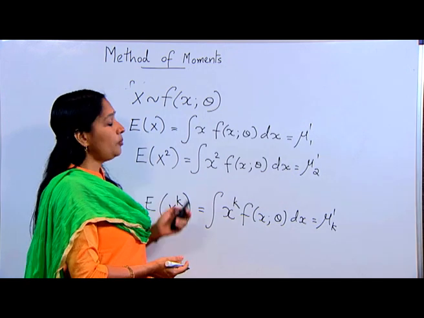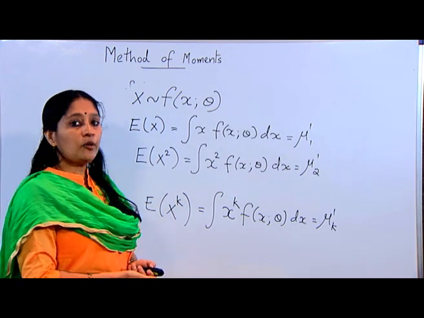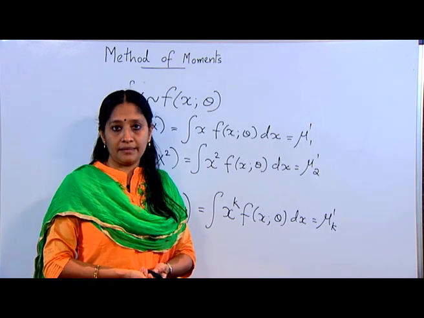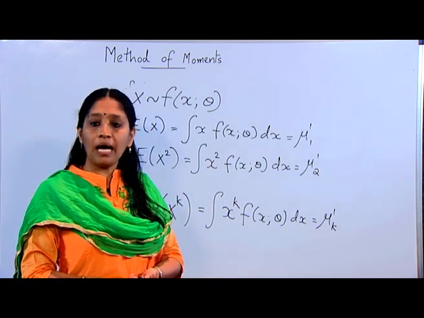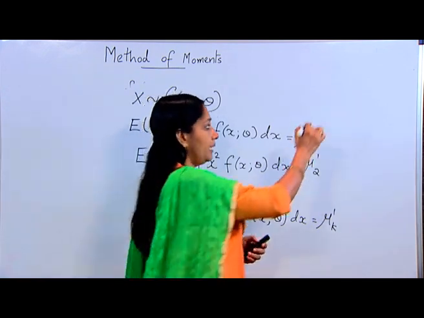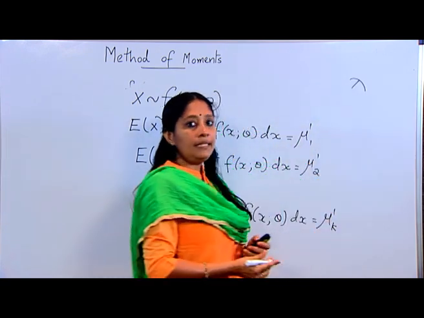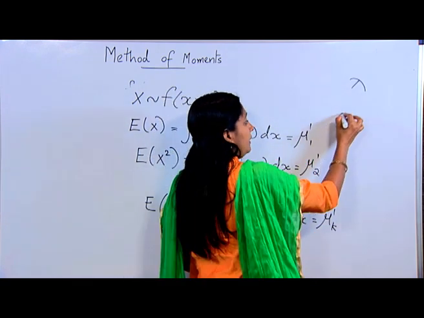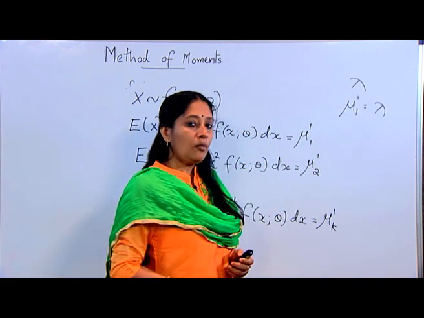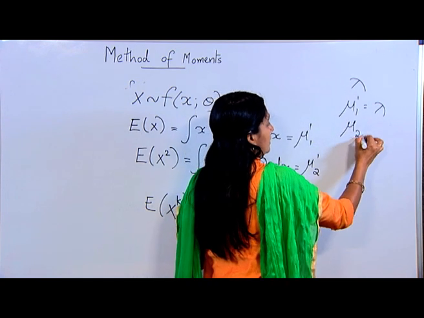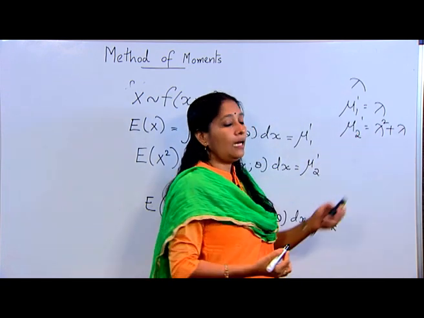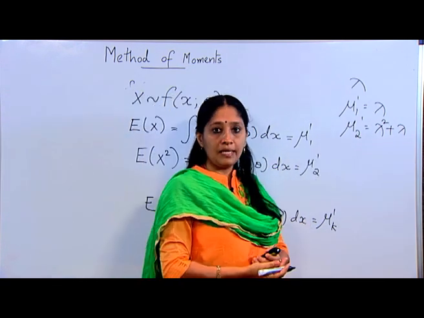These are the population moments, and these population moments may be functions of the population parameters. For example, when you have a random variable X following Poisson distribution with the parameter lambda, then the first order moment mu 1 dash is equal to lambda, the second order moment mu 2 dash is equal to lambda square plus lambda. So, these are functions of the parameter lambda.